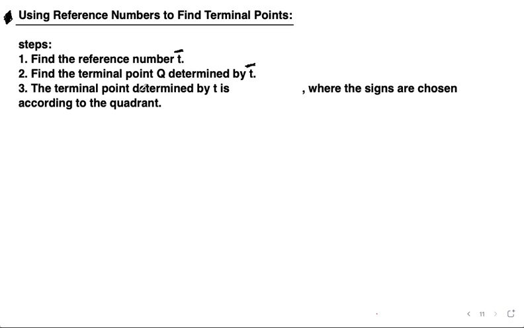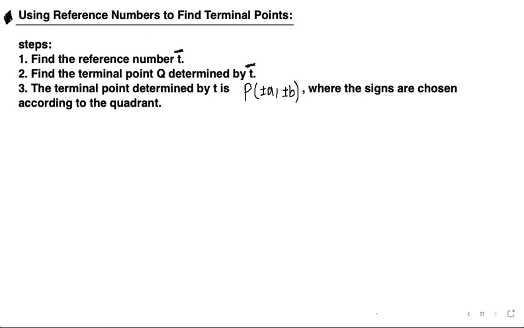Then the terminal point determined by t is the point B, equal plus or minus A, comma plus or minus B, where the signs are chosen according to the quadrant.